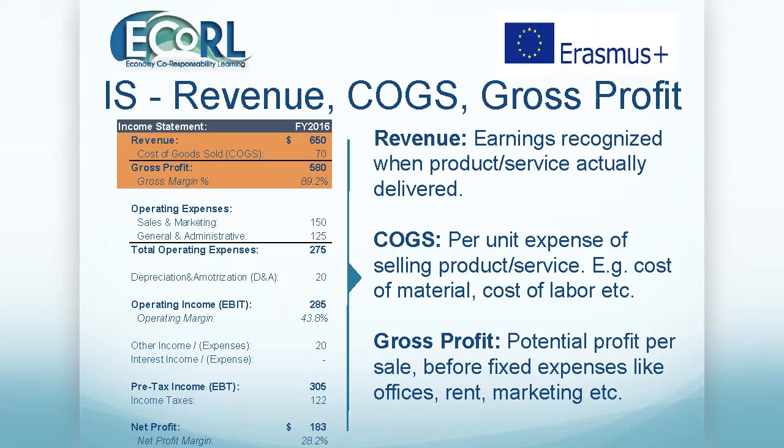These expenses, in contrast to the cost of goods sold, are expenses that cannot be directly linked to specific items. These are, for example, marketing expenses, research and development, that go on for a longer period of time and cannot be attributed to specific units. You just cannot separate them.